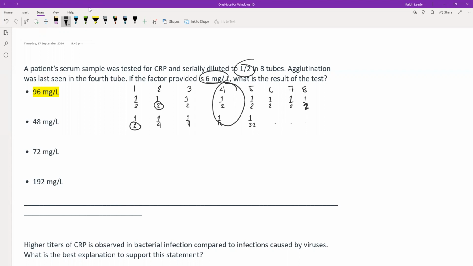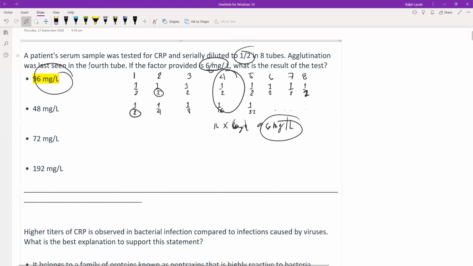So you get the final dilution, the dilution factor, which is 16. You multiply that by the factor, which is 6 milligrams per liter. So you are going to have 96 milligrams per liter. This is going to be your final answer. So the answer for this is 96 milligrams per liter.